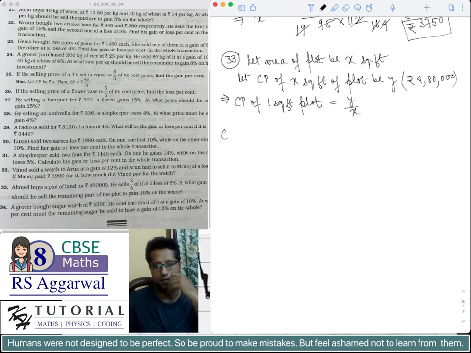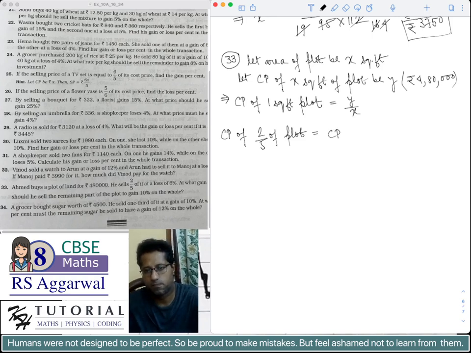So CP, cost price of 2/5 of plot, the CP of 2/5 of the entire plot is 2 by 5 multiplied by the entire area of the plot, which is x.